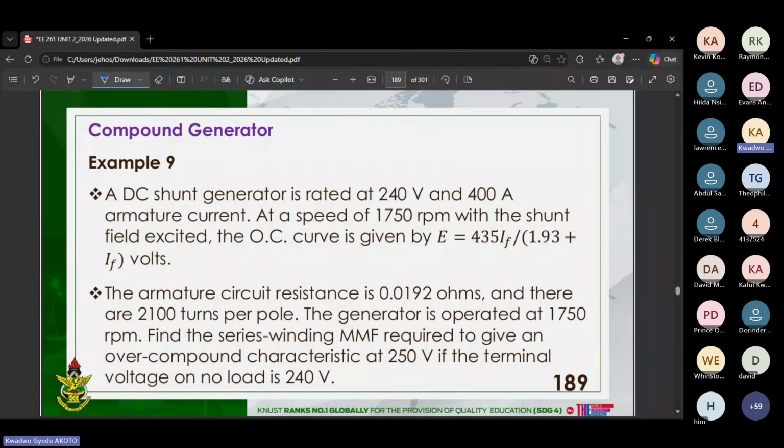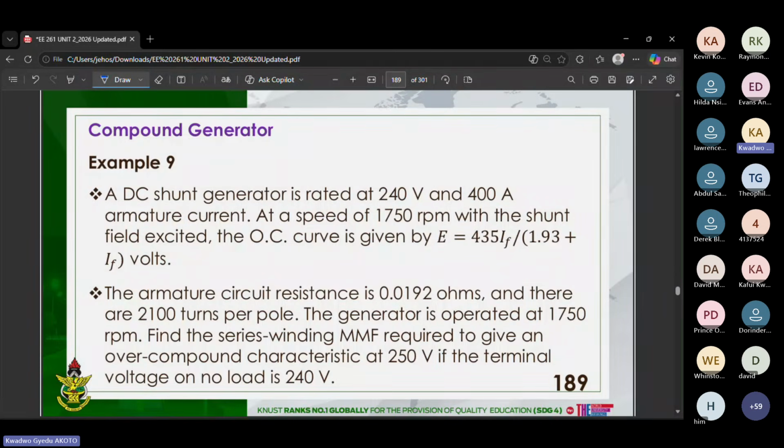Example 9 is also telling us that a DC shunt generator is rated at 240 volts, right? So that's our no load voltage, right? That's the voltage we want to be using now.